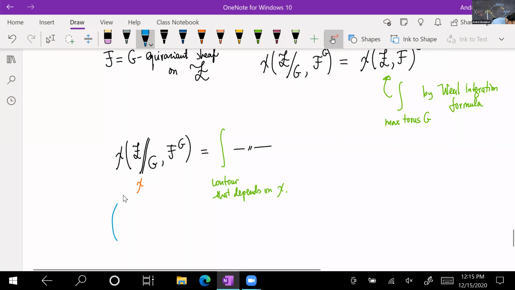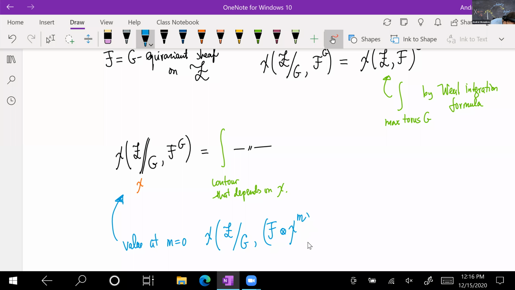This is the value at m equals 0 of things like, take the Euler characteristic of L on the actual quotient, and then you take f twisted by some large power of the character, take G invariance, where m is very, very large.